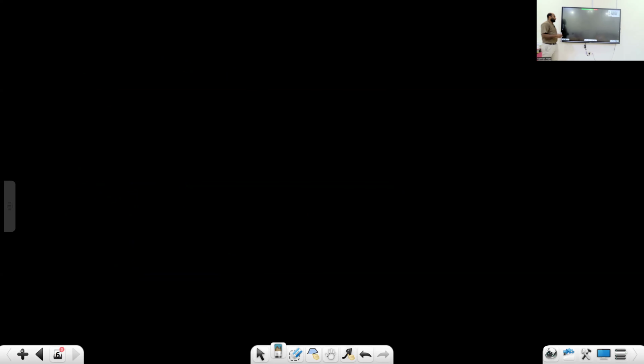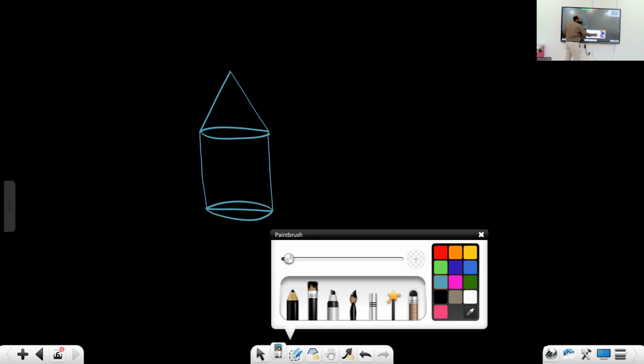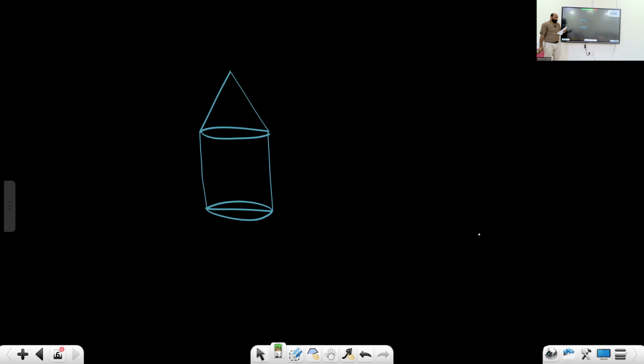There is a rocket, one end is a cone, the bottom is closed. The cylinder is of radius 2.5 meter. Everything will be 2.5 because it's attached with the same radius. Height of the cylinder is given as 21 meter. Cone having slant height 8 meter.